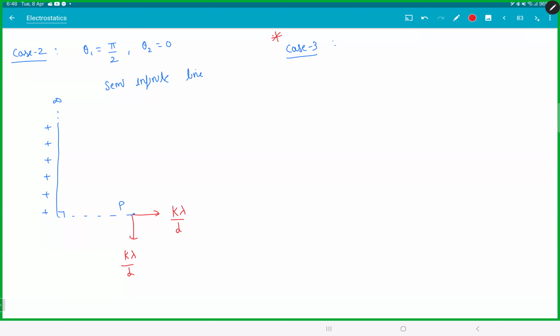Tell me one thing, what will you take angles for this guy? Suppose someone gives you angles like this. This is 30. This is 60. What is theta 1 and what is theta 2?